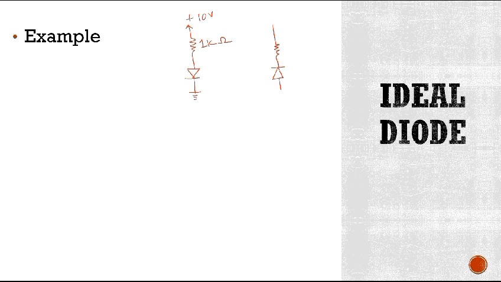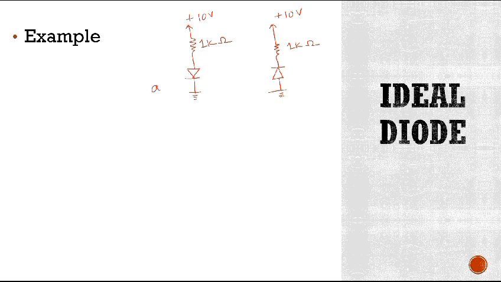Look at this example. If you have one circuit like this, which is 10 volts and 1 kilo ohms, and you have another circuit like this, which is 10 volts and 1 kilo ohms.